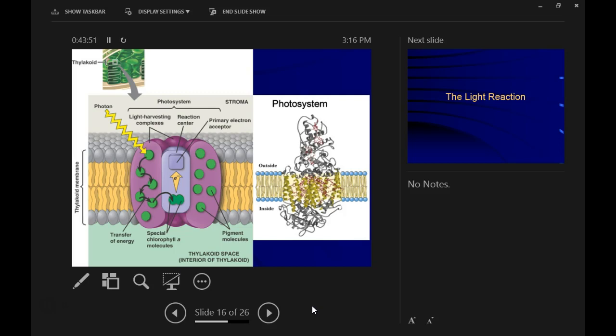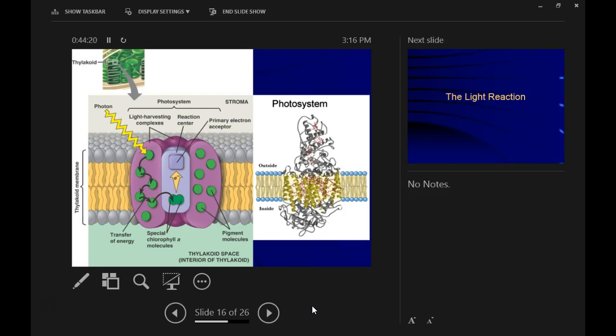Once they receive that energy, they boost their electrons to a higher energy level, and then they're promptly stolen by a molecule called the primary electron acceptor. So now the primary electron acceptor is holding two excited electrons, electrons that are at a higher energy level, much higher than the ground state.